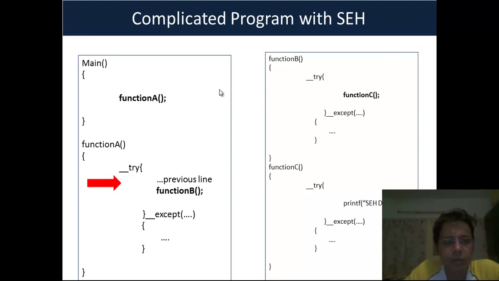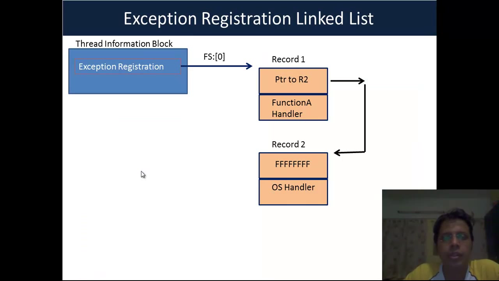Now from here we enter function A, and within function A our execution has entered the try block, and we are in the line before calling function B. At this point, if you notice, there is an exception handler which applies to this try block, and hence this exception handler is going to get added to the linked list. This is how the exception registration linked list will now look.